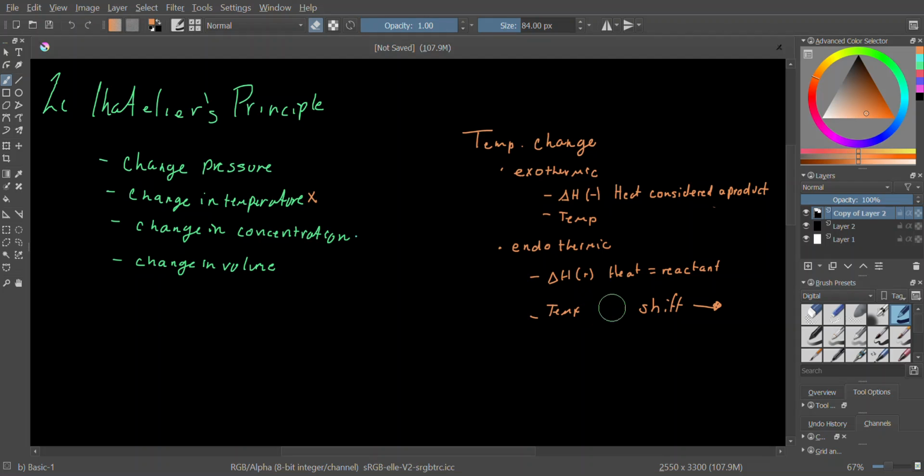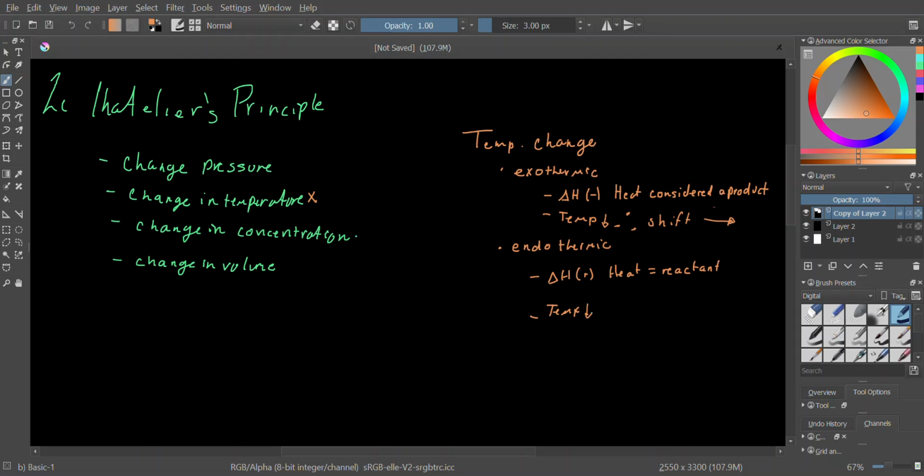So yeah. So then, same thing as I said, if we're considering heat as a product, if our temperature is decreasing, then that means that our product is decreasing, so therefore it would be a shift to the right towards our product, and vice versa over here.